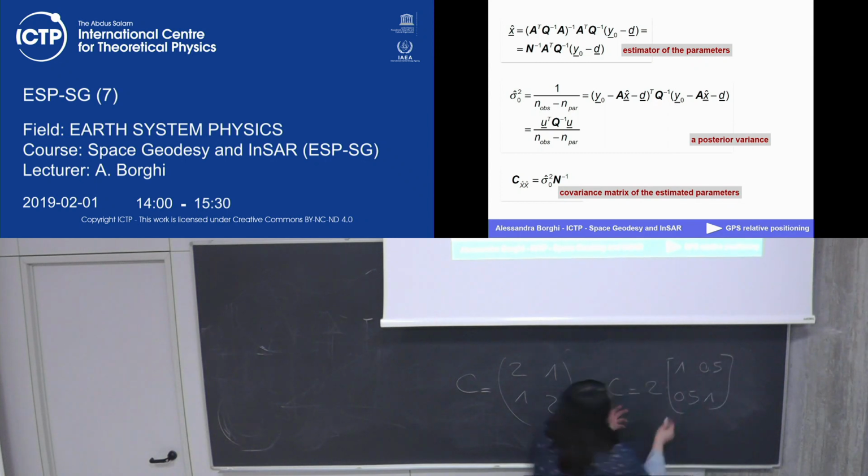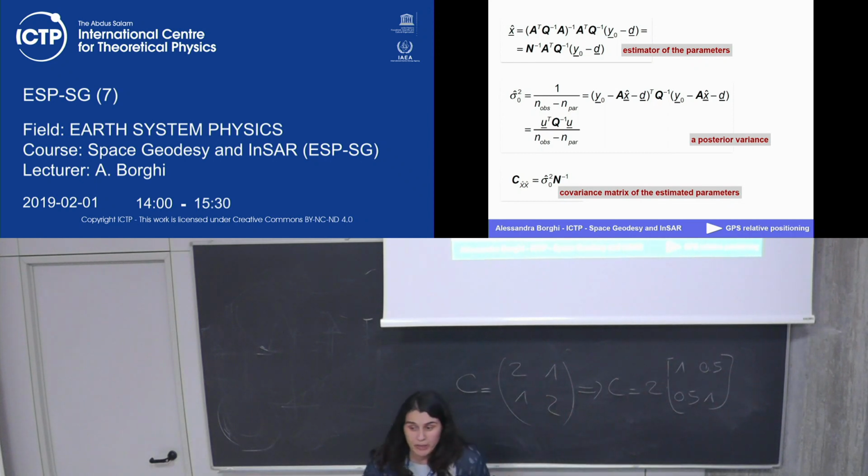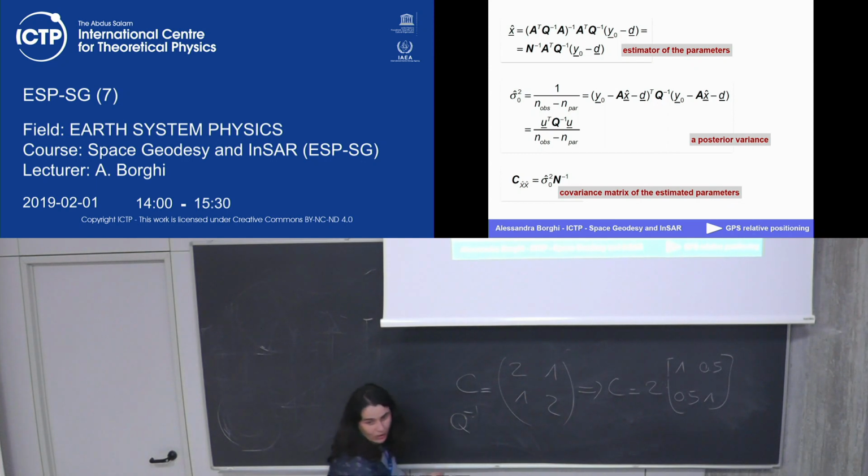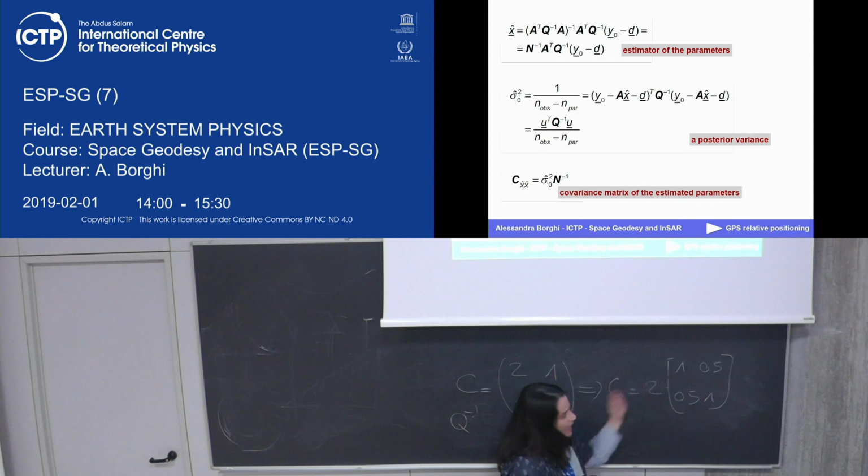If for some computation reason it is better to use this matrix instead of this, it could happen because when you have big numbers, you have problems in the inversion of the matrix, and we need Q^-1, so we have to invert the matrix. In this case, you can simplify the data because this quantity is not inside the estimator formula. Okay, so this is very simple.